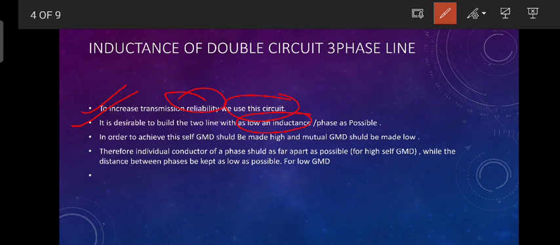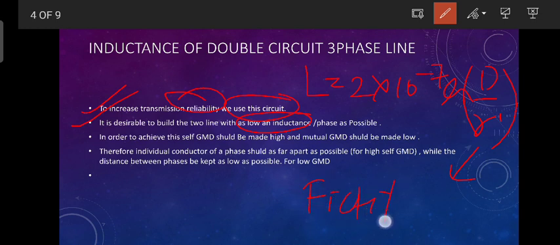But this formula I am writing here: inductance is equal to 2 into 10 to the power minus 7 ln D divided by r dash. r dash is your fictitious radius, and D is your geometric mean diameter or geometric mean distance, GMD.